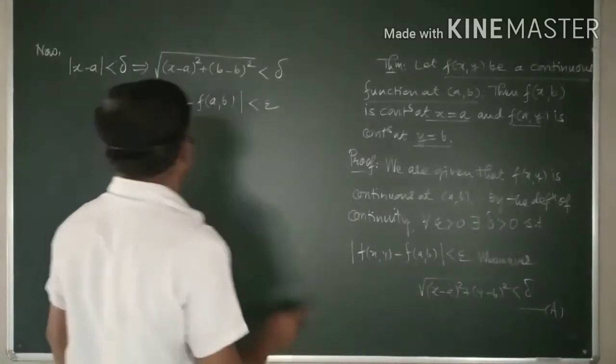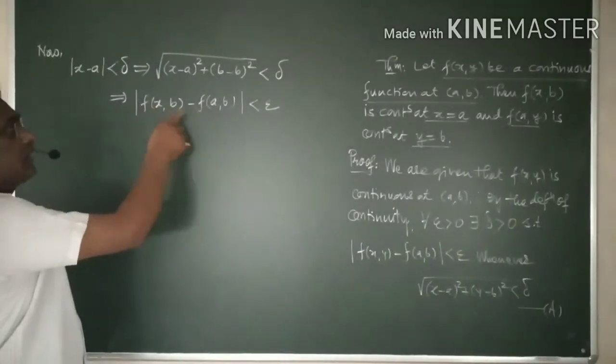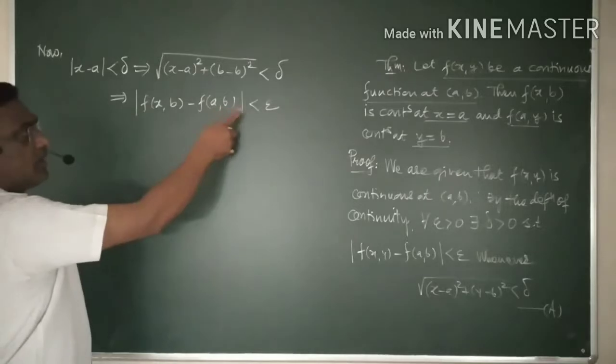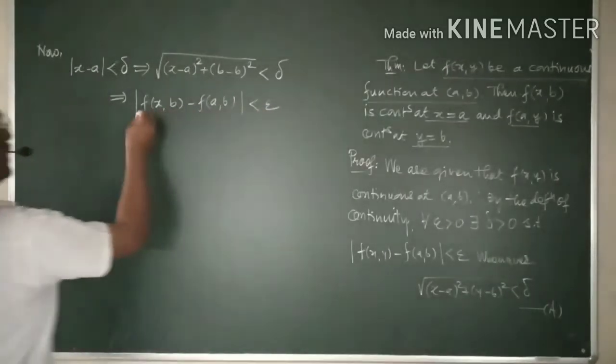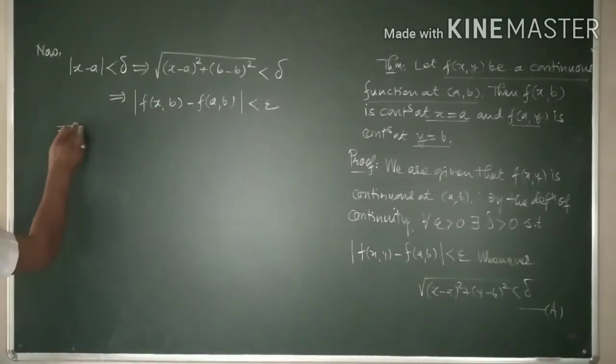And what I am getting is the absolute value of f of x comma b minus f of a comma b less than epsilon. And this shows that what?